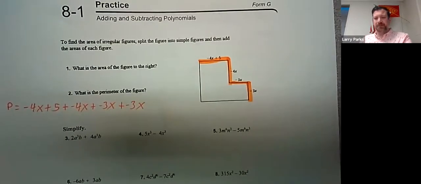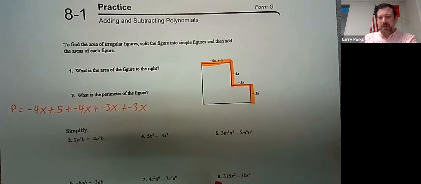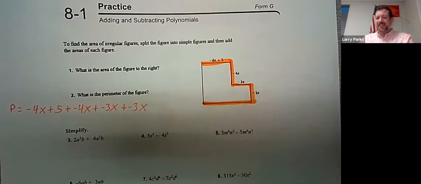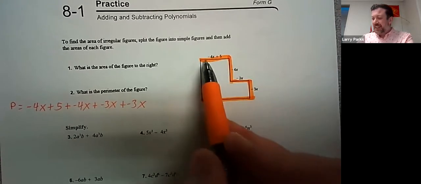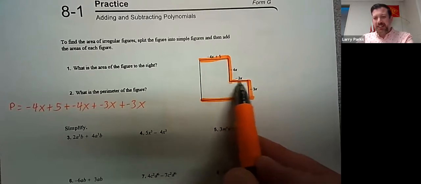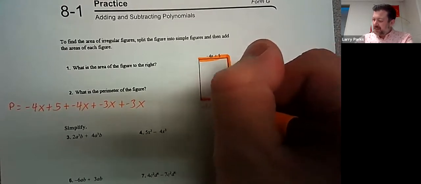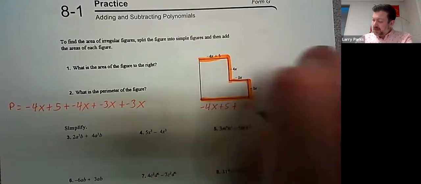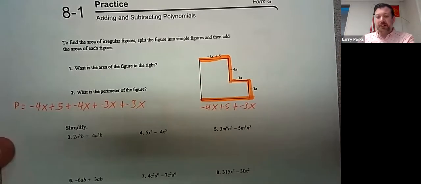Okay. Now this side's a little trickier because this is going to be negative 4x plus 5 plus negative 3x. Wow, I'm running out of room here.